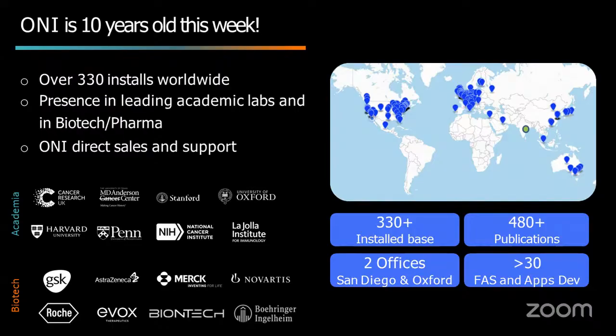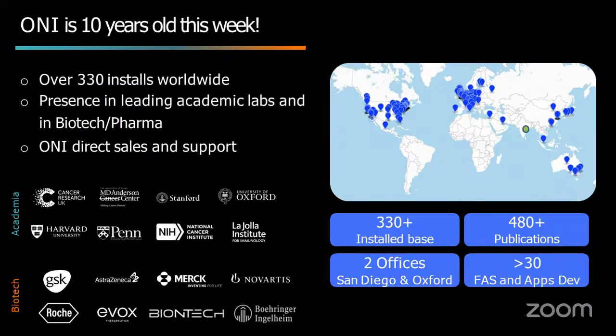That's a very good start, and we have got a couple more inquiries and are very active in the market now. Globally, we have 330 plus installations, in academia and in biopharma, a mixed ratio: 180 plus in academia and around 100 plus in pharma, so an equal balance of both.